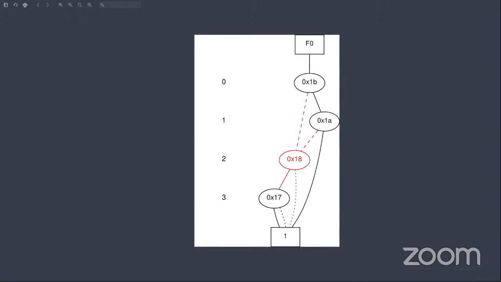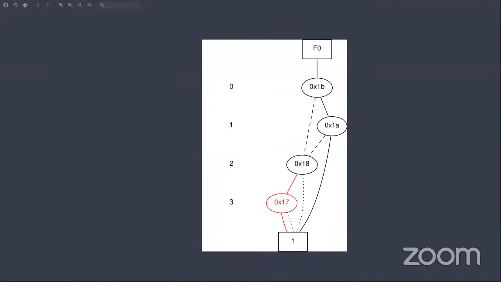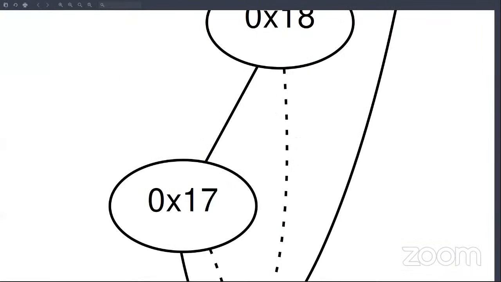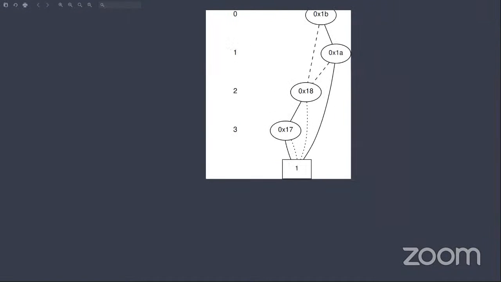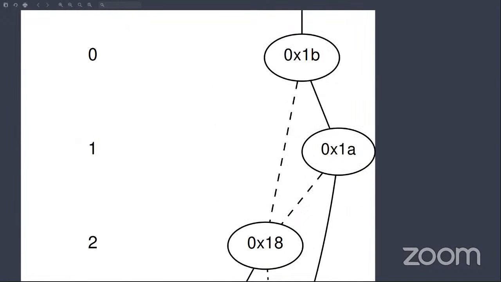So you have dotted lines, which are the regular else edges, and the dashed lines on top. Sorry, no, it's the reverse. No, the dashed lines are the complemented ones.